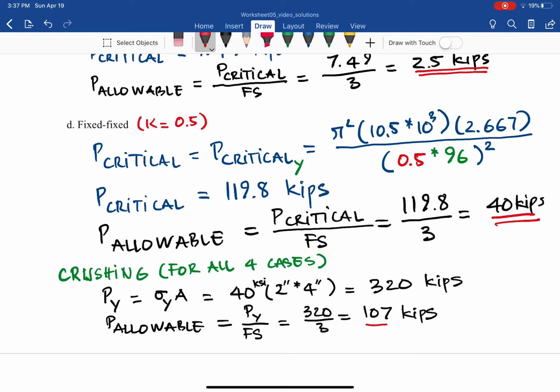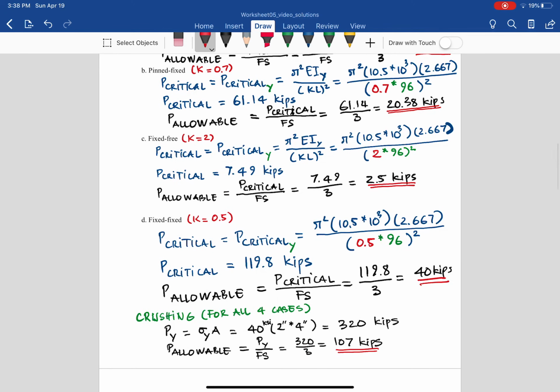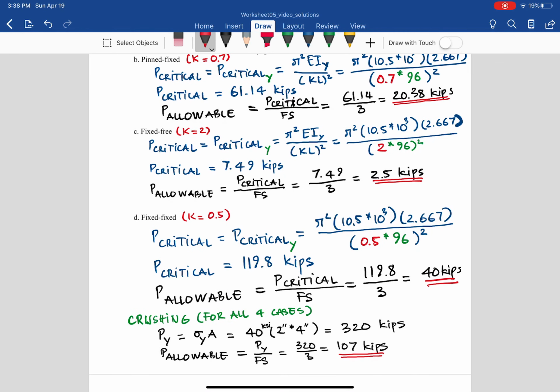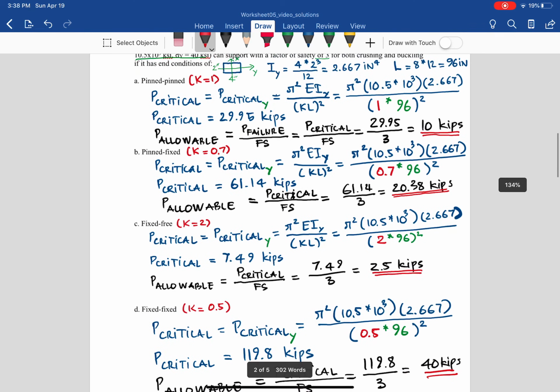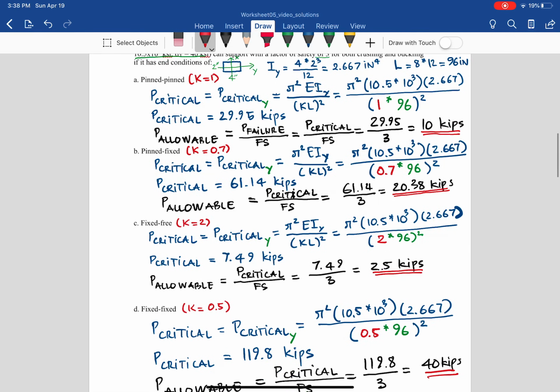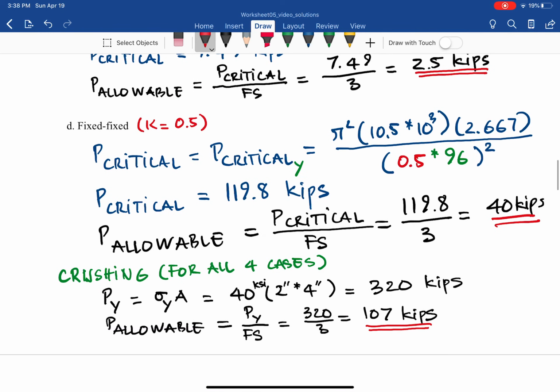What does that mean? Regardless of the end condition, the allowable for yielding is 107 kips, and compared to the allowable load for buckling, as you can see, the maximum we can get here, for fixed, is 40 kips. So for this type of column with those 4 scenarios, buckling governs over crushing, because the allowable for crushing is so much more, 107 kips.